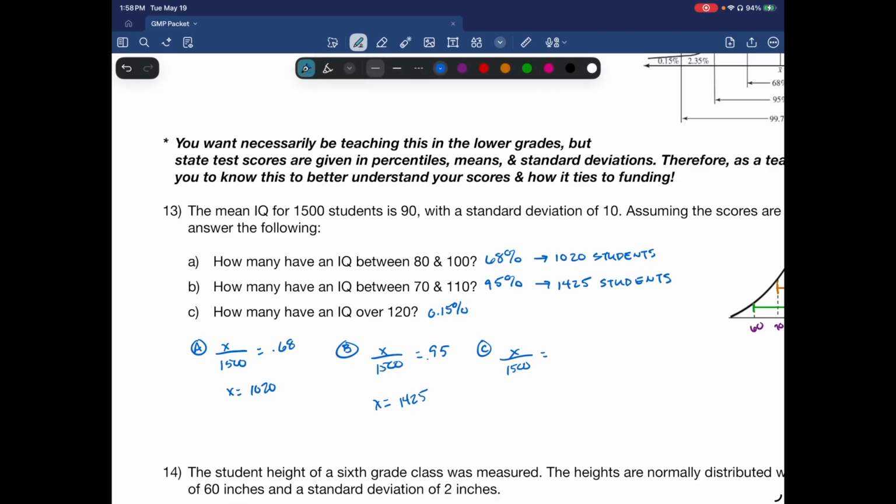If I'm changing that to decimal, it's going to be 0.0015. I multiply that out, I get X equals 2.25, but I can't have 2.25 students, so I'm going to round down and say that this is 2 students. So I found the percentages very easily, and I did some quick calculations to figure out how many students fit in each bucket.